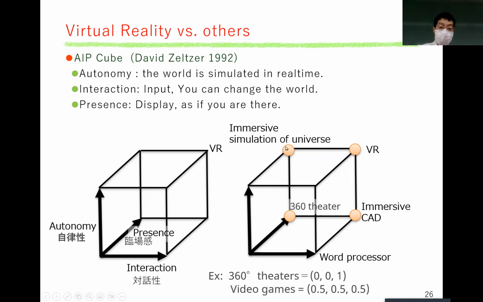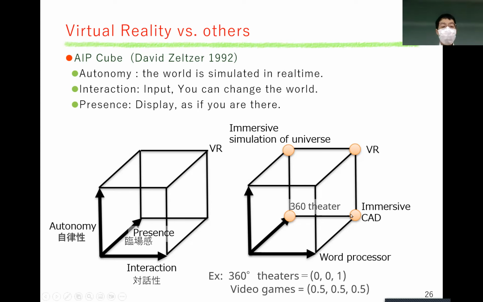If there is an immersive computer-aided design system, then it will have presence and interactivity, but no autonomy. If autonomy exists, then if you draw something, it changes automatically, and such a computer-aided design system cannot be used, I think.